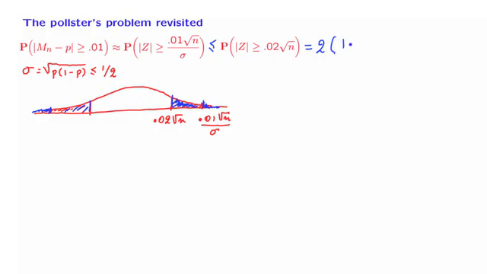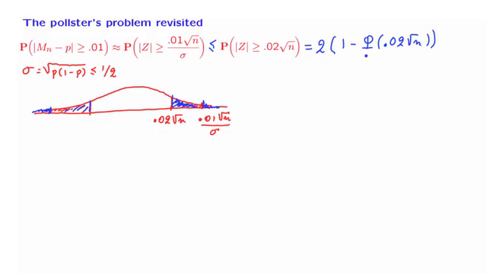So it's 1 minus, and the probability of being below that, this is the standard normal CDF evaluated at 0.2 square root n. And so we do have now an expression for the desired probability, or at least a bound for it, which is expressed in terms of the standard normal CDF.